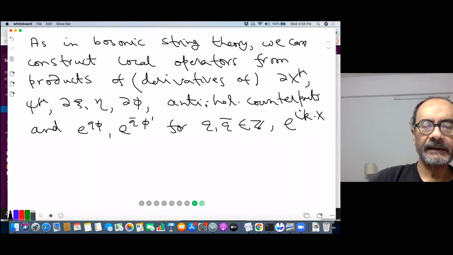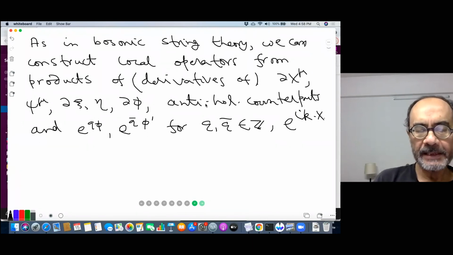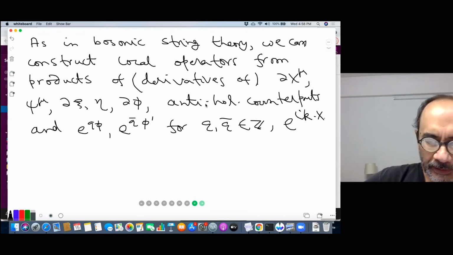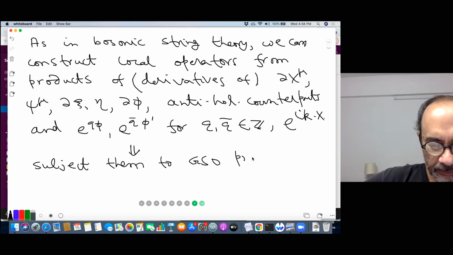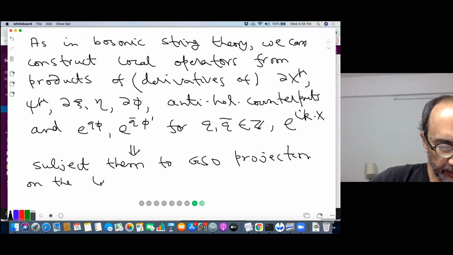So just take an arbitrary combination of these, take that product, construct local operators, and then you subject them to GSO projection on the left and right, on the holomorphic and anti-holomorphic side.